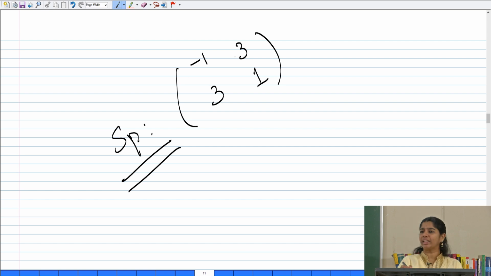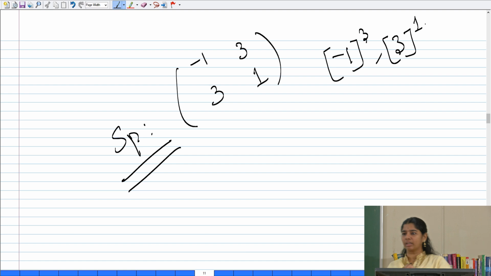See here, by this notation what we mean? I have a minus 1 eigenvalue which repeats 3 times, and 3 is an eigenvalue which occurs once, right. This is also another representation of the spectrum. In some books they follow this notation where they write the multiplicity as a superscript, but it is not a power, we just write the multiplicity there.